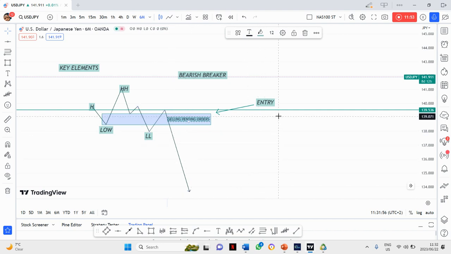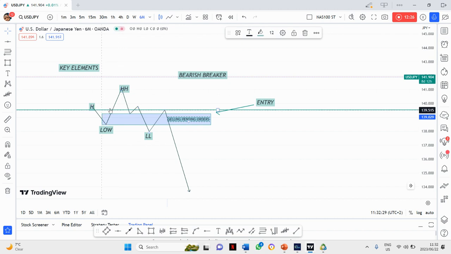So without wasting too much time, I will just say that the bearish breaker is a bearish range or down close candle in the most recent swing lows prior to an old high being violated. This high was violated by this higher high and it creates a higher high.